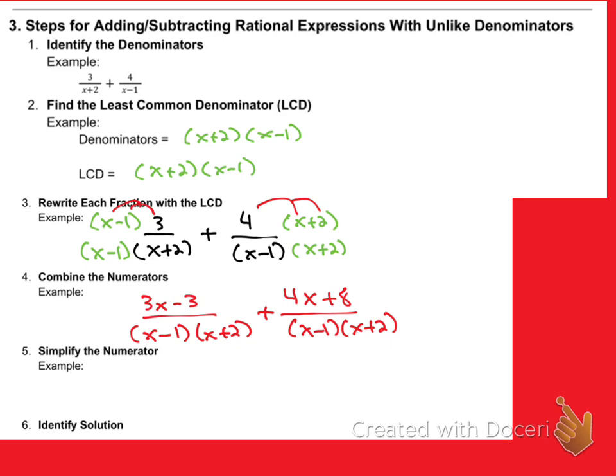And then from there, now that we have the same denominator, we could add and combine like terms. So that would give us 7x plus 5. And there's no GCF there, so that would be our solution. All right.